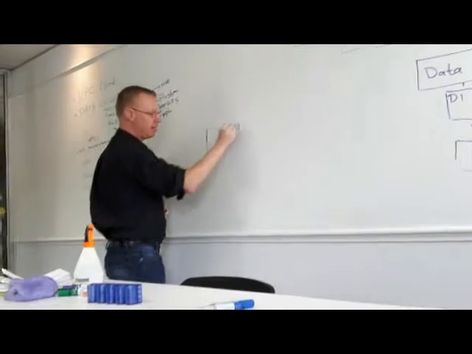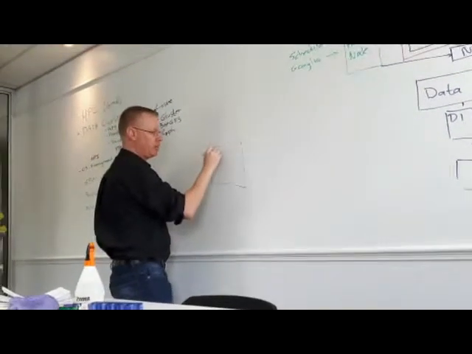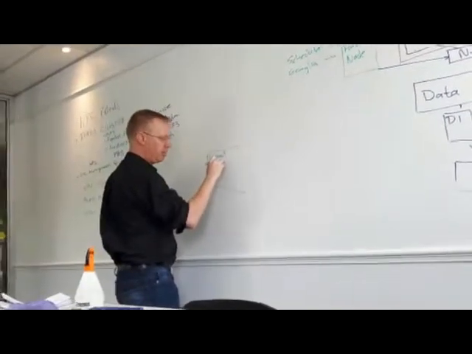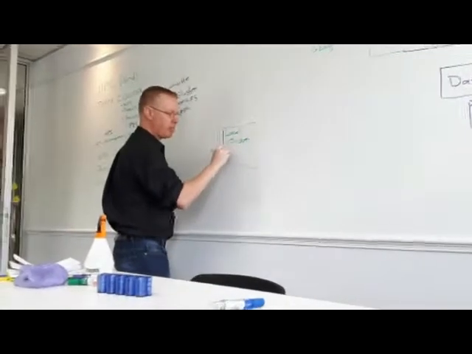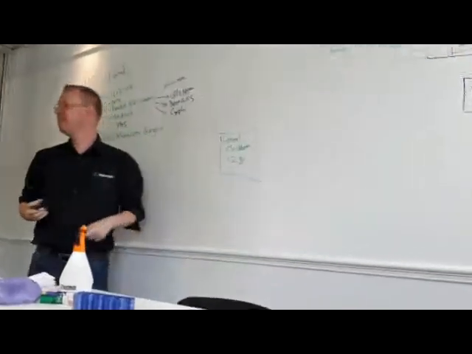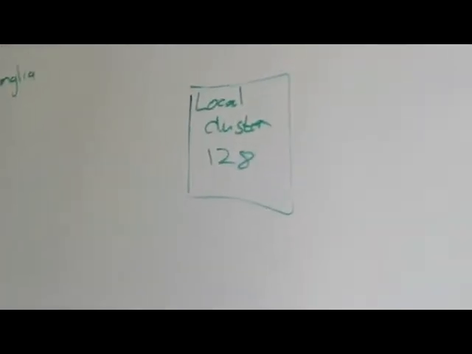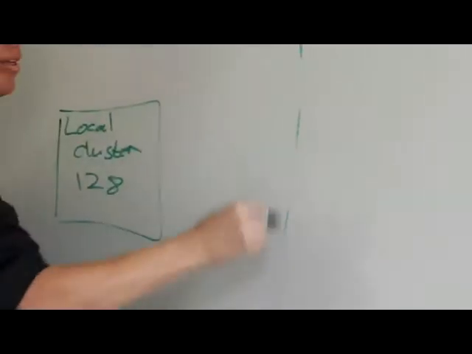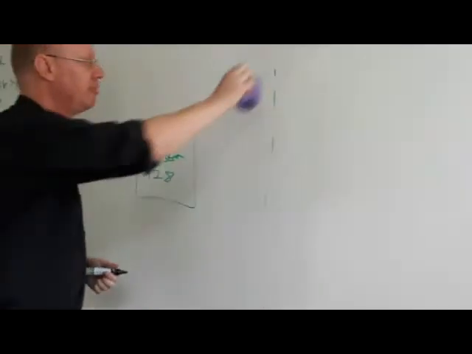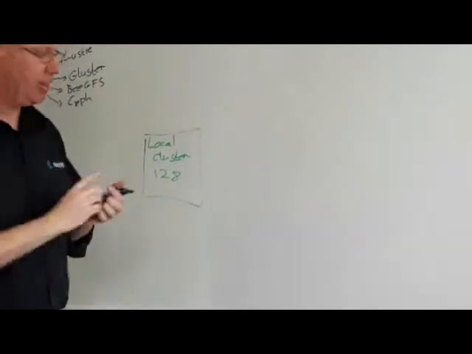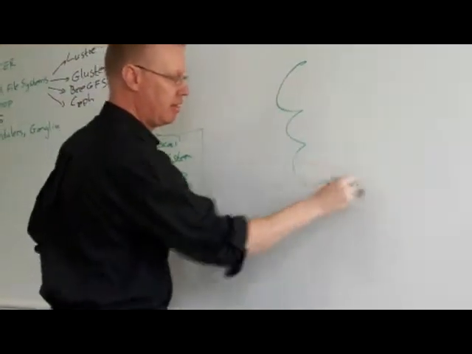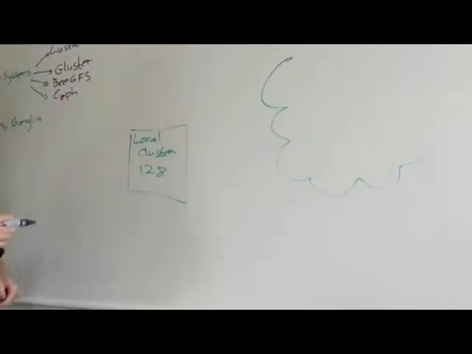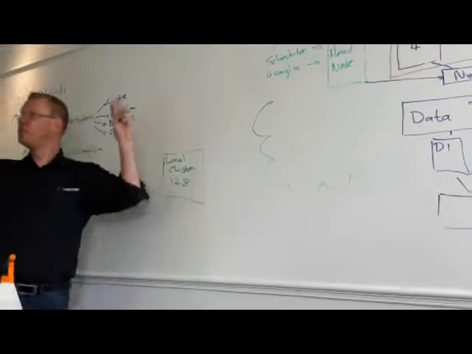If you've got a local cluster, and say you've got 128 cores, your problem is actually just too big for that. The concept is, let's draw a cloud. The concept is, there's unlimited resources in the cloud.